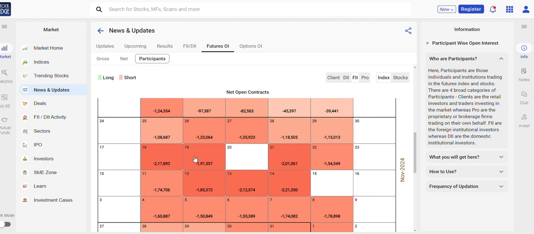That is where we took a bottom. From 14th to 18th, around these 3 days, we were having the highest short, somewhere around 2.2 lakhs. 2.2 lakhs is the short. That is where we took a bottom.